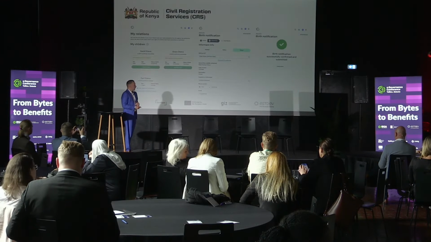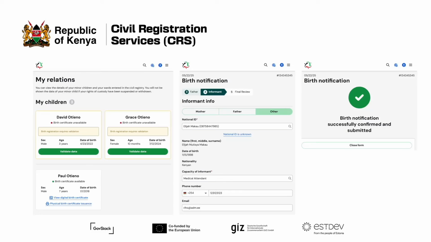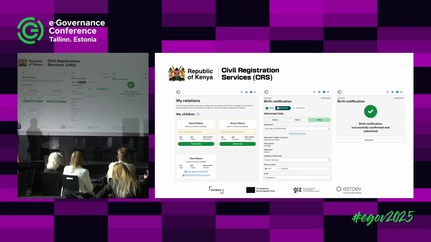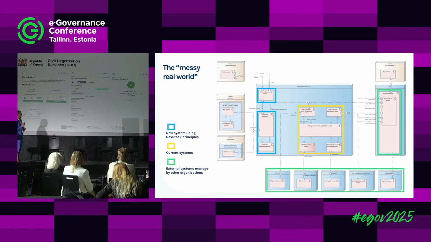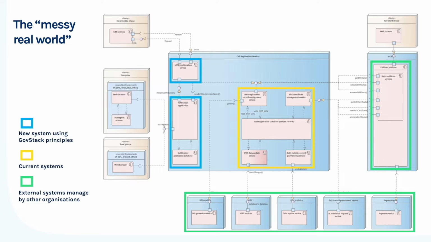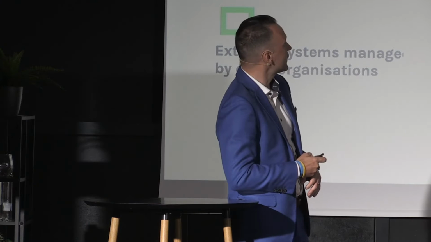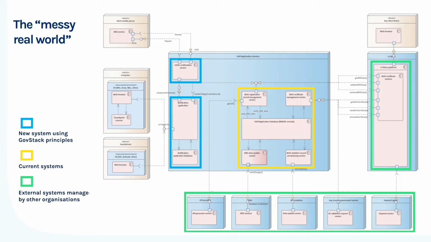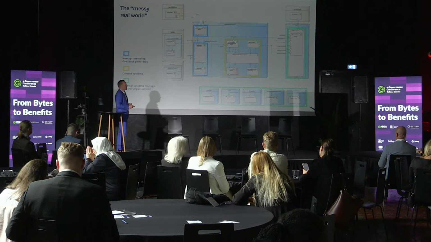So when we look at the proof of concept that Taavi is showing about CRSR, about how to use X-Road to connect all the different services, I quickly jump a little bit forward. In real life, the world can be quite messy. There are already different legacy systems in place. Then there are external systems which need to be connected.